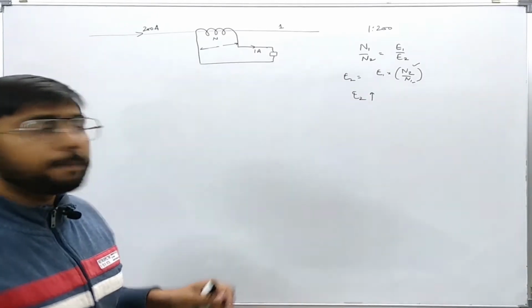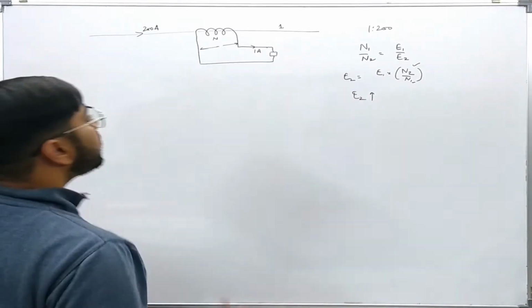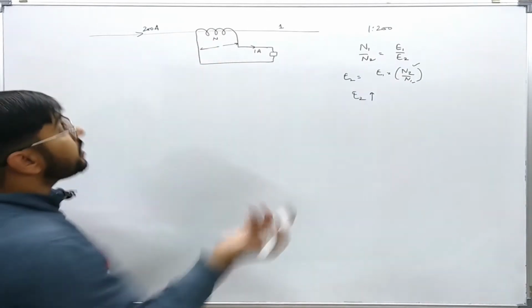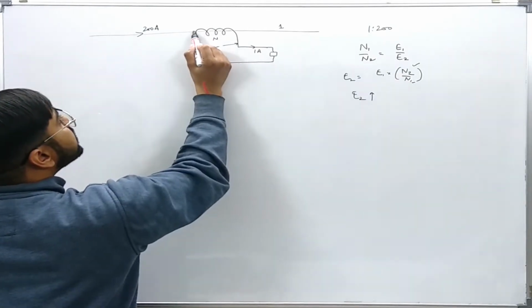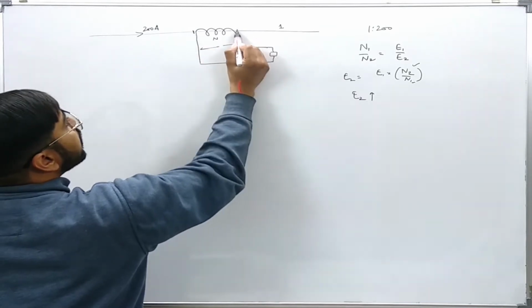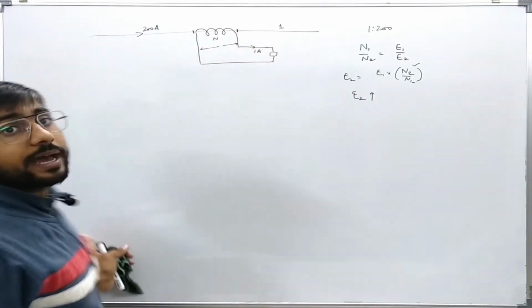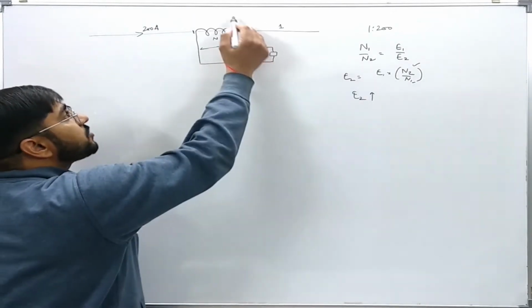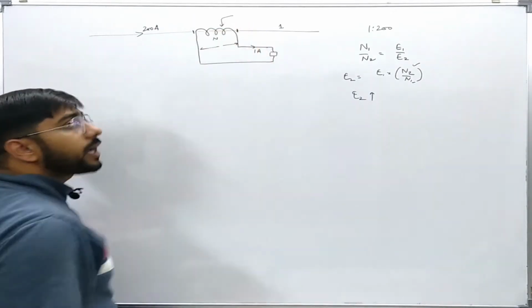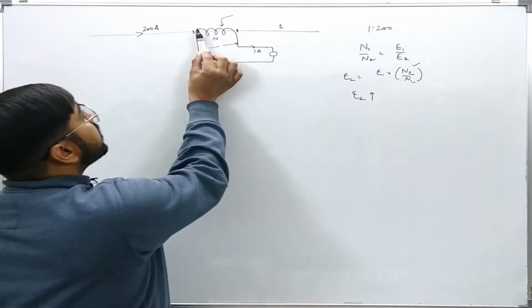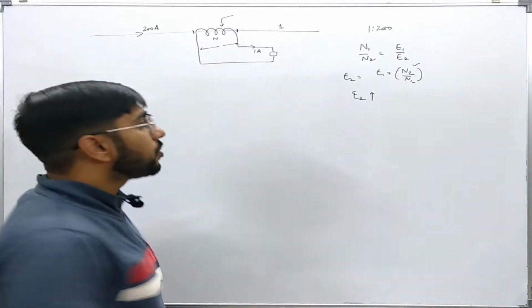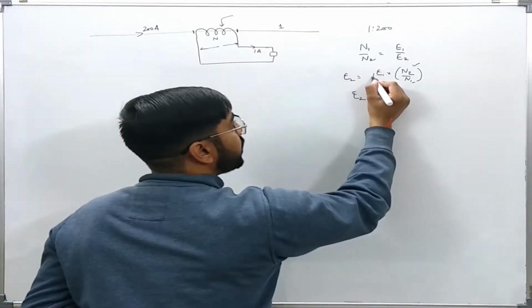But you see the E1 involved, what is the value of this E1? E1 is just the potential drop between this point and this point of the wire, or the primary winding. The resistance of the wire is very low, so the potential drop across this length is very low. So E1 is very low actually.